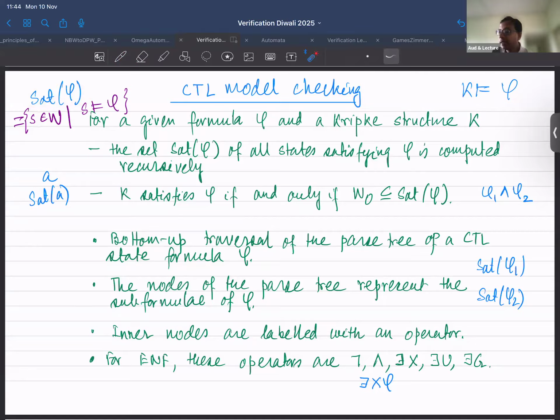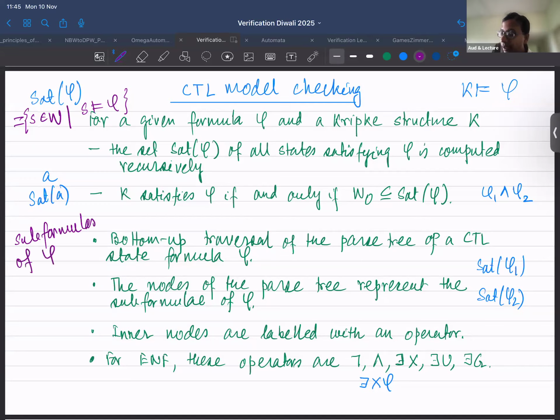Okay, clear? Now, in order to compute this set SAT of phi, we'll look at all the different subformulas of phi, right?